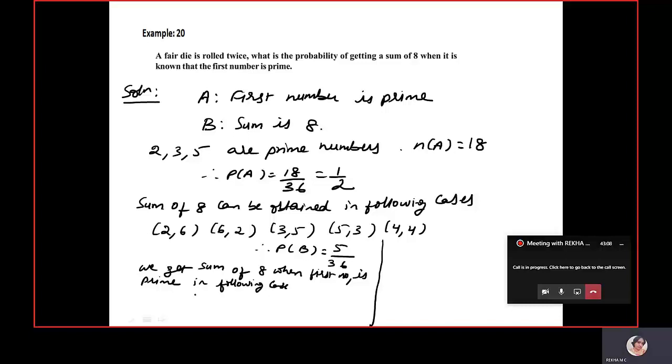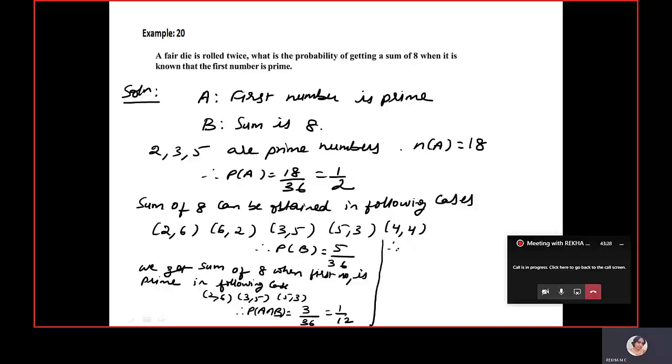That is 2, 6, 3, 5, 5, 3. Therefore, P of A intersection B is equal to 3 divided by 36, that is equal to 1 by 12.